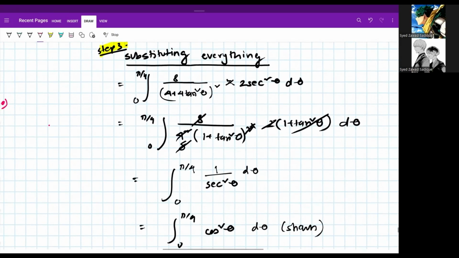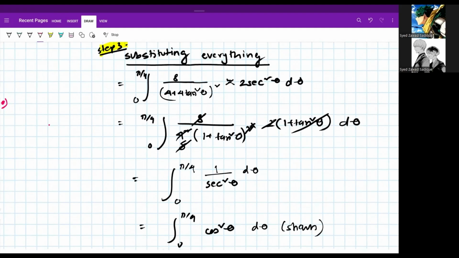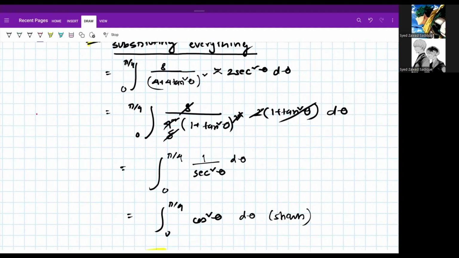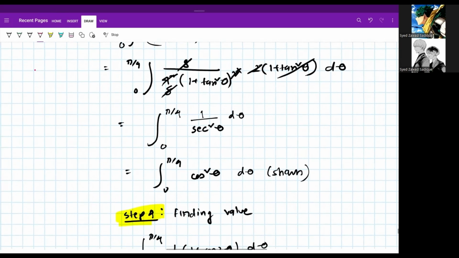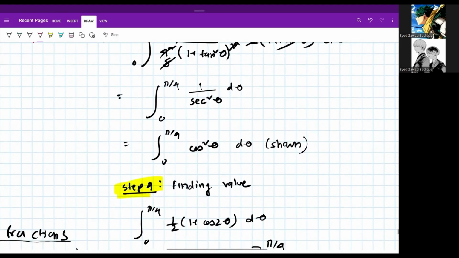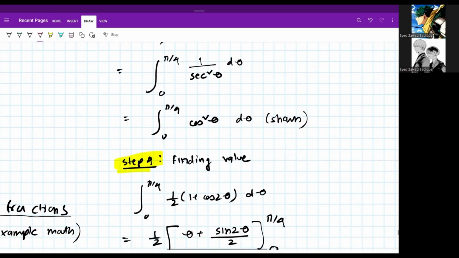Then we take 4 squared common and get 1 plus tan squared theta, and we know sec squared theta can be written as 1 plus tan squared theta. So we cross out whatever can be crossed out, then we get 1 by sec squared theta, which can be written as integration of cos squared theta d theta, shown.